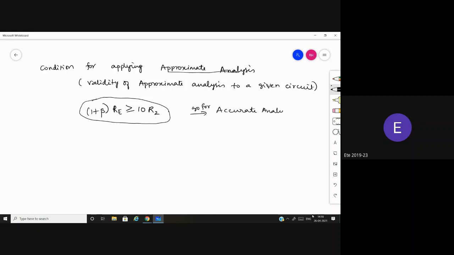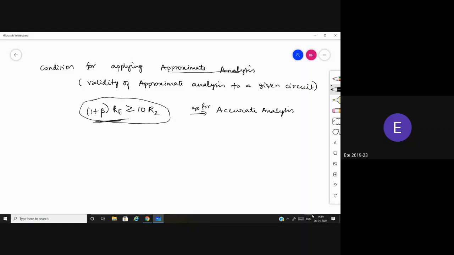The accurate analysis holds good for all types of voltage divider circuit, but approximate analysis is valid only for a given circuit which satisfies this condition. Remember this. Whenever a voltage divider bias circuit design is given, first check this condition. If it is satisfied, apply approximate analysis. Otherwise, go for accurate analysis.